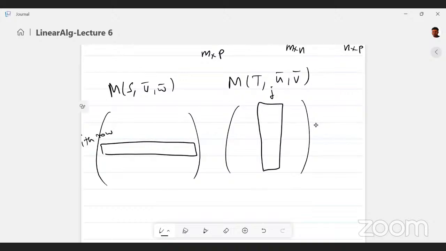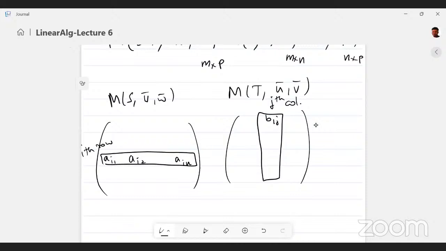Okay, this is the jth column. So then I take these entries, the first entry here, Ai1, and then here B1j, and multiply, add them, and then Ai2 and so on, Ain, and then B2j, and so on, Bnj.